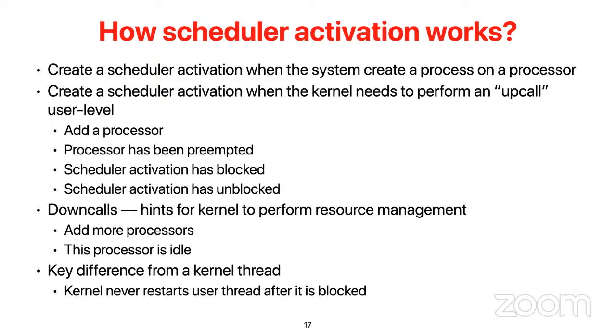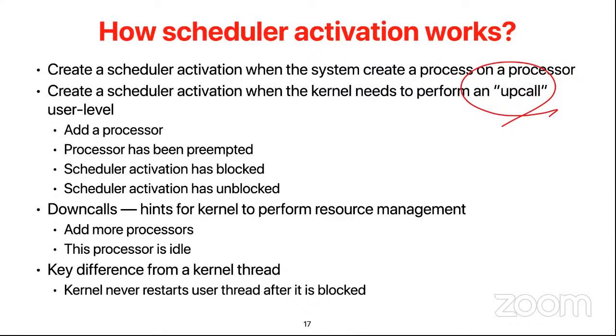And the kernel can request more processors through an upcall. Because we have preemptive multi-scheduling, when the kernel feels like I want to remove some resource from the current process, or I want to give you more resource, I will create an upcall to notify the user process.